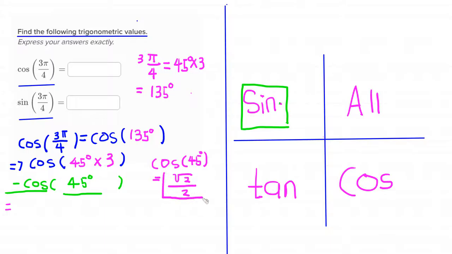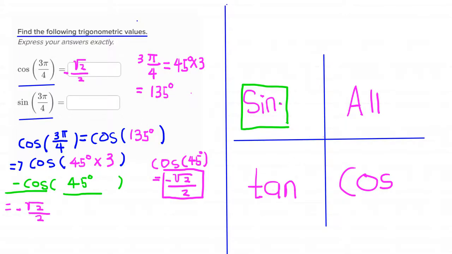This is just a number that we simplified. If you type this in the calculator, it will show a decimal, but this is the number that we simplified from the decimal. So the cosine of 3 pi over 4 is going to be square root of 2 over 2, but we forgot the negative sign. So it is going to be negative square root of 2 over 2.